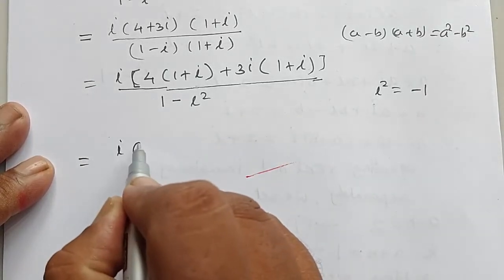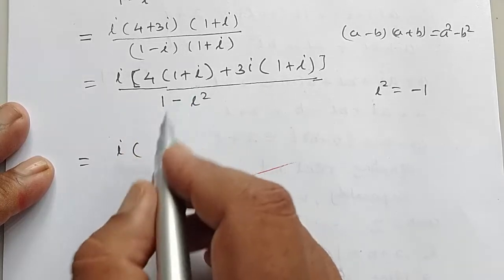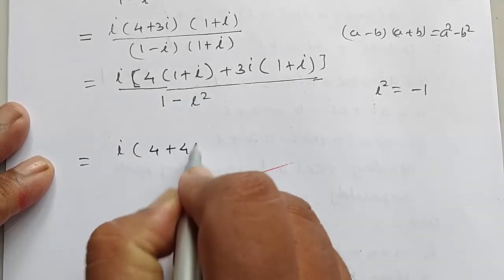i into bracket, we multiply 4 inside the bracket, 4 plus 4i.